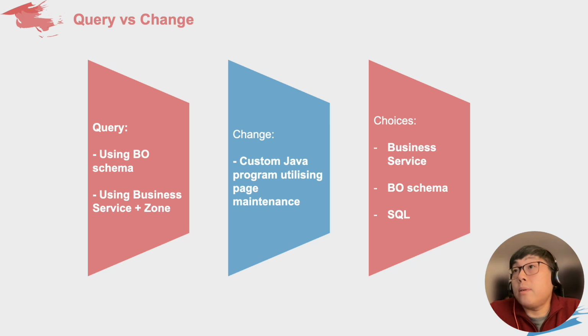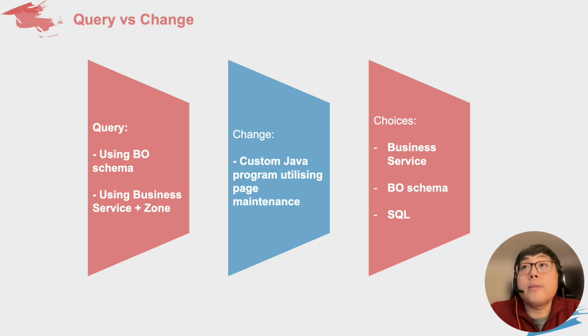Or you can remove the object using the business object similarly. Another way of changing the data is to utilize page maintenance using a Java program, and the Java program will be called by the business service.